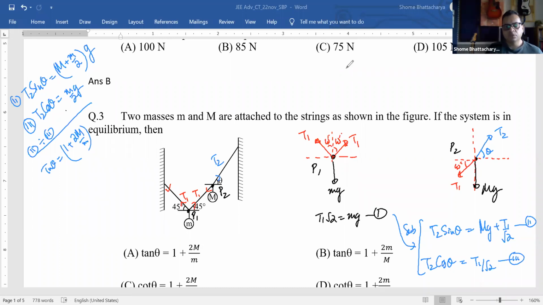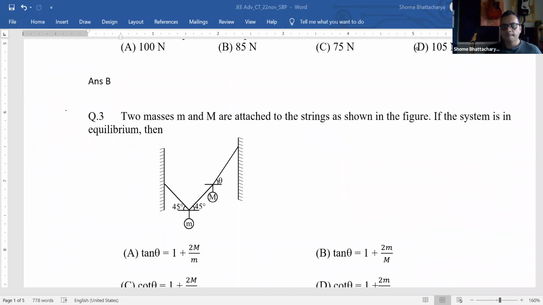So can I clear the diagram, people? Okay, good. So let's move on ahead.